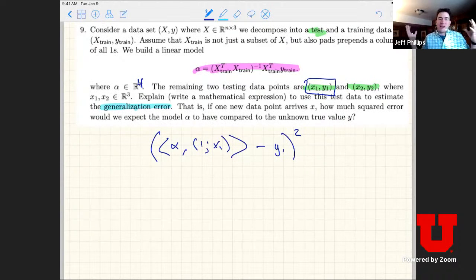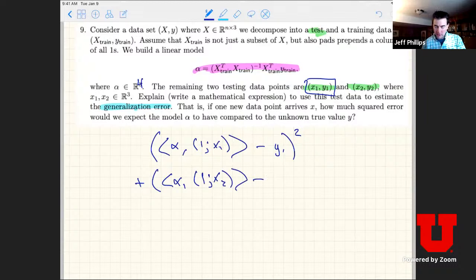I assume they're all IID from something unknown. So this is an independent sample under that assumption. And this is the squared error of one data point. But I've got 2 of them. So I want to add this together with alpha 1, x2 dot product, y2 squared. Add these 2 together.